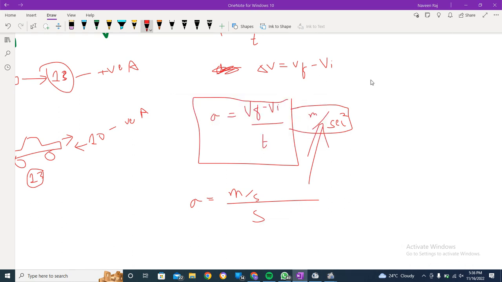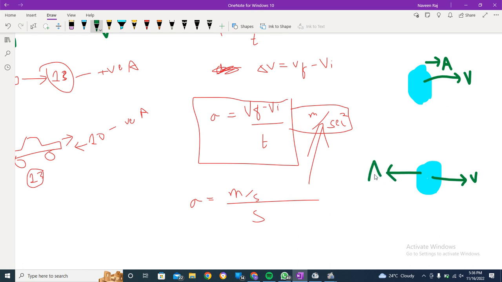Now I want to explain something else. Suppose we have a body here, and a second body over here. This one is traveling with velocity v and acceleration a in this direction, and this body has velocity v and acceleration in this direction.